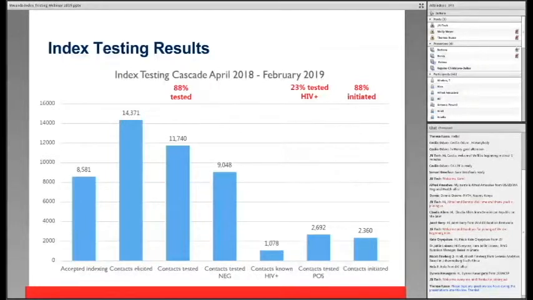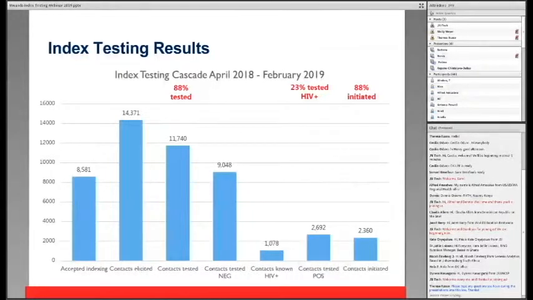And out of these, the majority were negative, to the tune of about 9,000 people, and about 1,000 tested positive, giving us a positivity of 23%, like I mentioned. One good thing with indexing is that most of those that test positive do accept to be linked to care, principally because they are also being spoken to by the initial or index client.